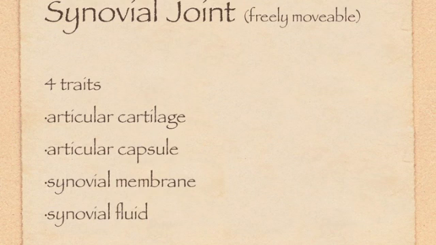And for these types of joints, there are four characteristics. They have articular cartilage, which covers the ends of the bones where they meet, just to make a smooth surface. They're encapsulated with an articular capsule, which is a sleeve around the two bones, bringing them together. Inside this capsule is the synovial membrane, which secretes synovial fluid, like a jelly, that allows smooth movement of the bones.